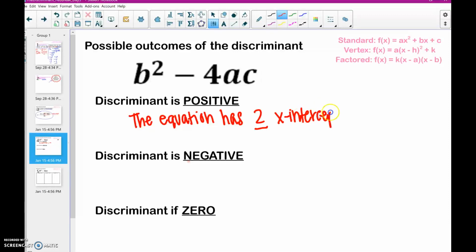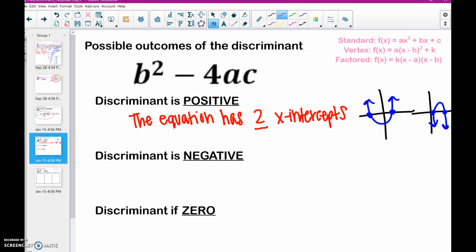So we'll write that, and then I'm just going to sketch a little picture of what that would look like. So if we had our coordinate plane, that would be a graph that intersects the x-axis twice. So something that looks like this. Or if you want to think about a negative example, something that looks like this. Again, intersecting the x-axis twice.